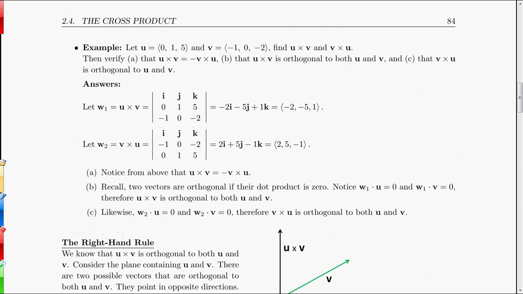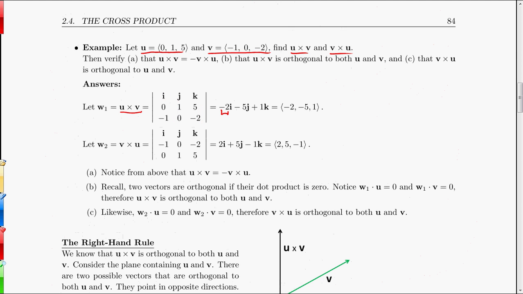Suppose I have this vector U, this vector V. I'm going to find U cross V and V cross U. So I write I, J, and K across the top. And if I'm doing U cross V, as I am here, then this first row is U, second row is V. And so I'm going to take I times the determinant of this matrix, which is this negative 2 minus 0, so negative 2I.